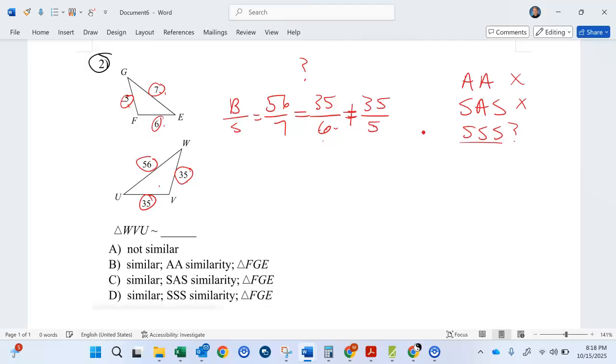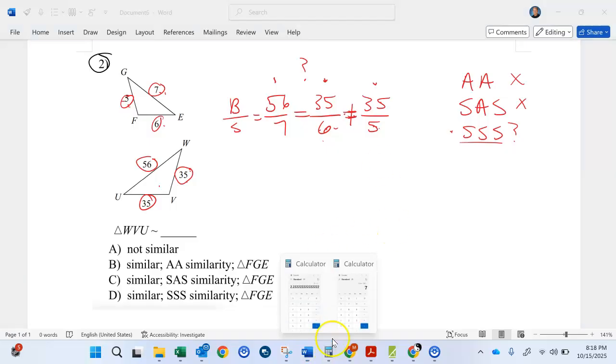If you want to try your calculator, you can, but obviously it's going to be a different number, so these are not going to be equal. If this equals that and this equals that, all of them equal, same ratio, then it would be similar based upon side, side, side. But they're not, because we know these are different.